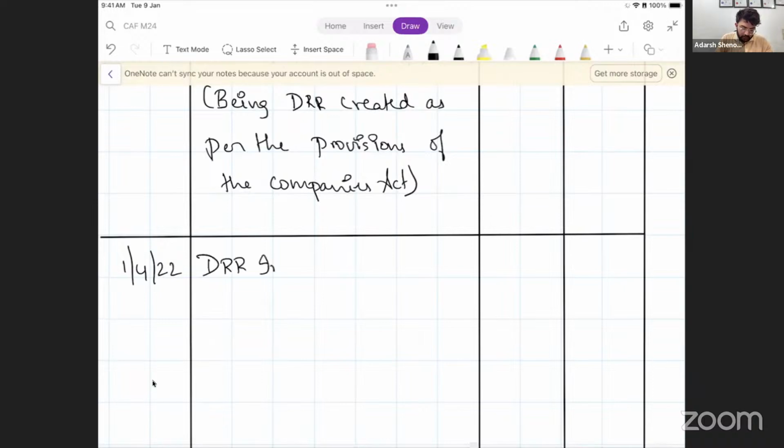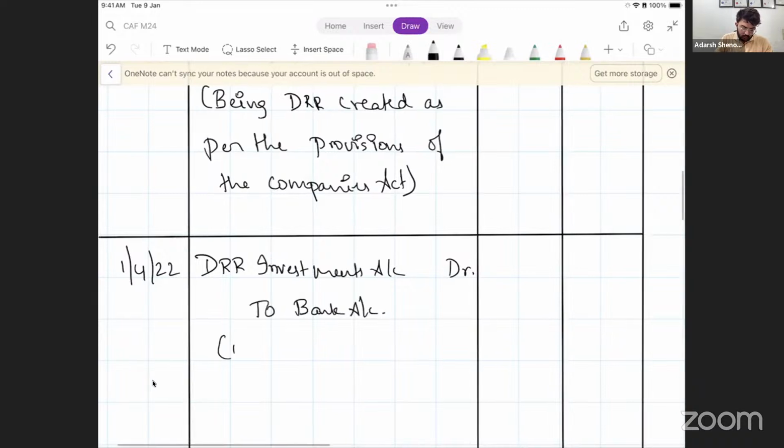So debenture redemption reserve investments account debit to bank account. It is 10 lakhs into 15%, 1,50,000.